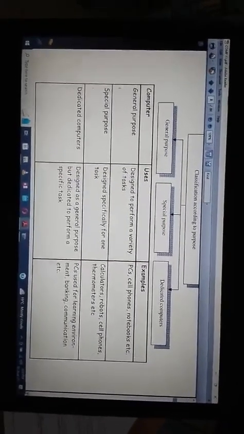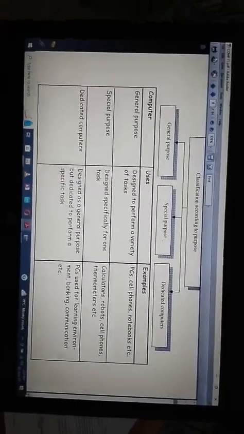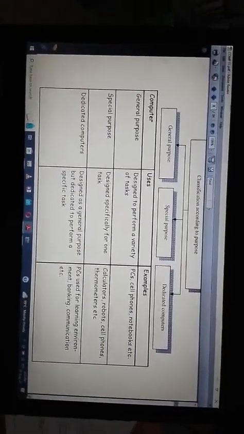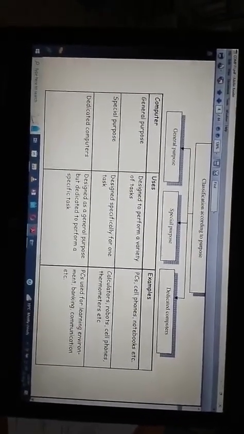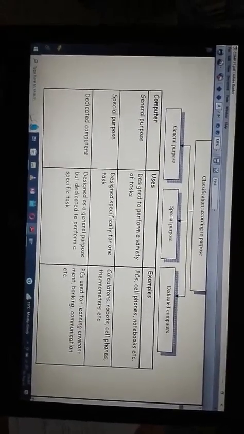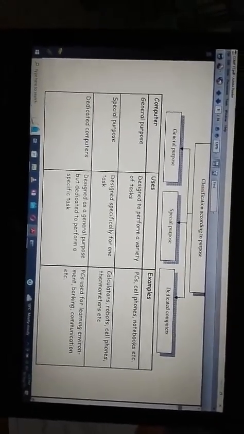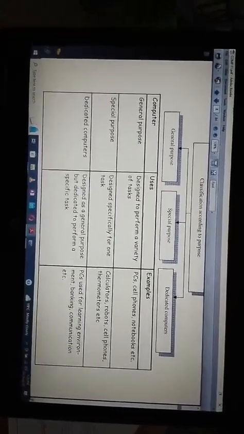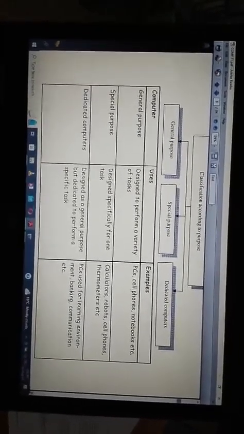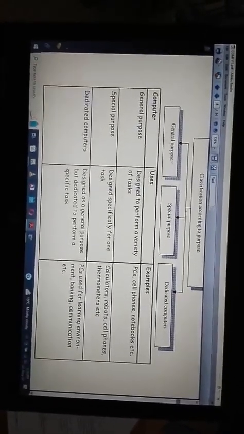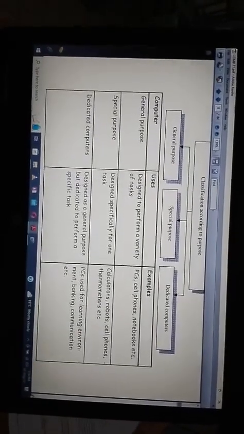We have what we call special purpose computers. It is designed specifically for one task. Special purpose computers, it is just for a single purpose. For instance, we have calculators. In school, in high school, in secondary schools, we have students using calculators.